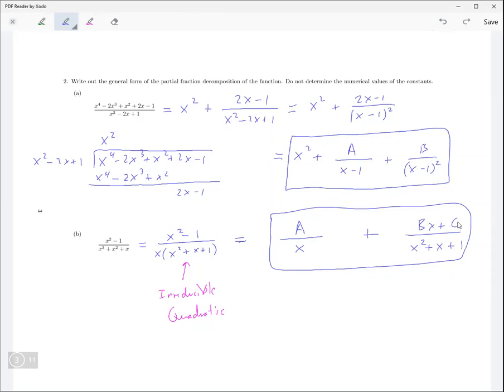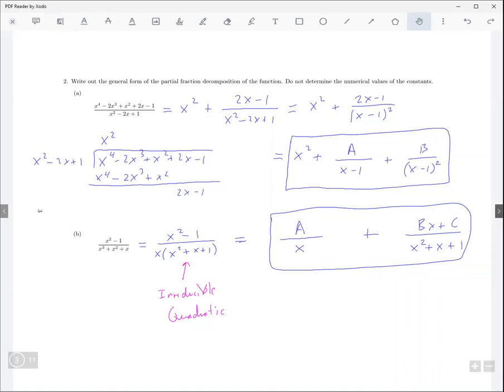So when you have a quadratic, you have two terms in the numerator, bx plus c. When it's just a linear term, you just have a constant in the numerator as the most general form.